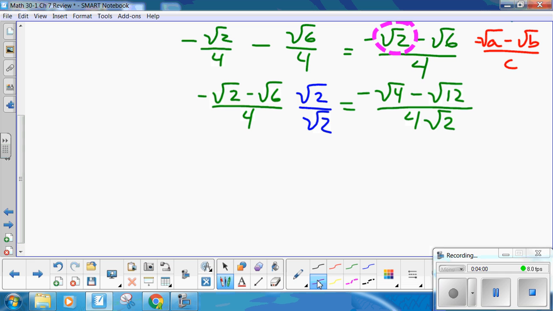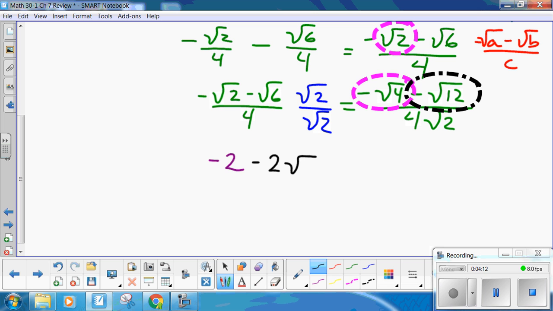Okay, welcome back. Minus root 4 is minus 2. Minus root 12, well, that's minus 2 root 3, divided by 4 root 2. Now, what's common to every term? 2.